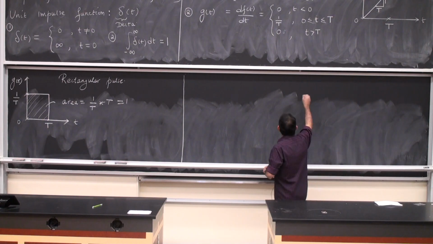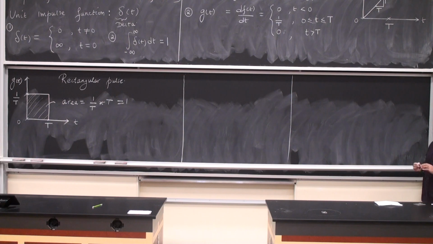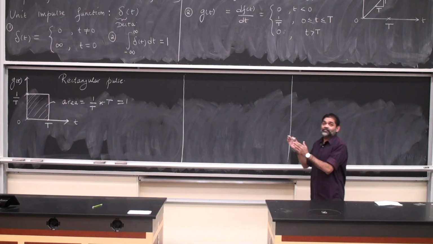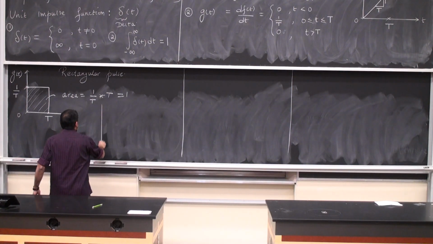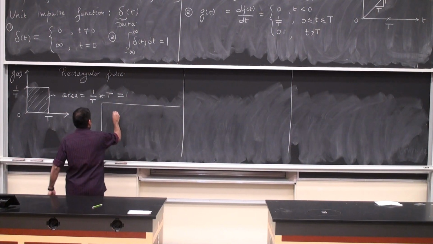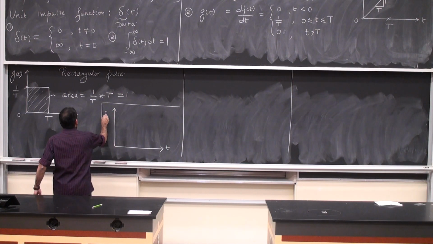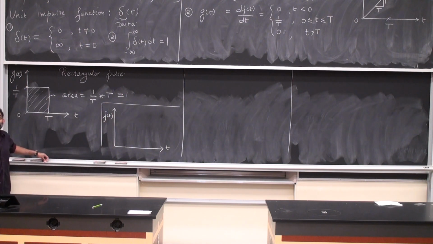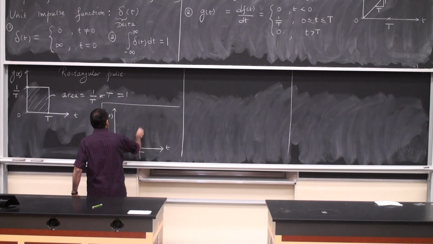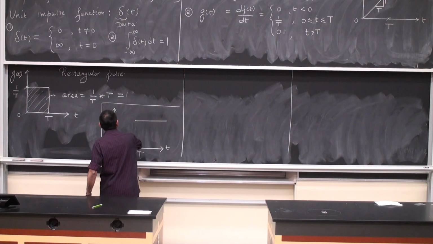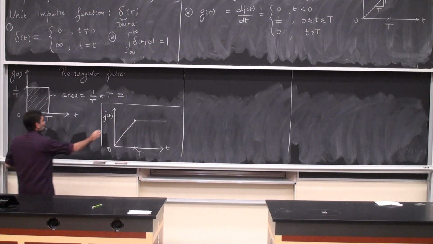I'm going to do two things. First thing is, I'm going to take the function f of t, and maybe I can sketch that here. I had my initial function start off in this manner. So this was 0, capital T. This was f of t, and this was equal to 1.